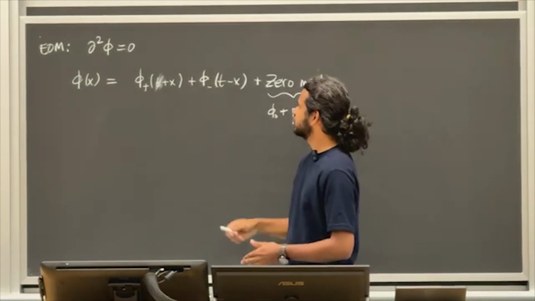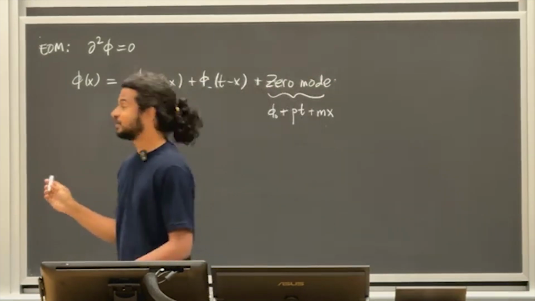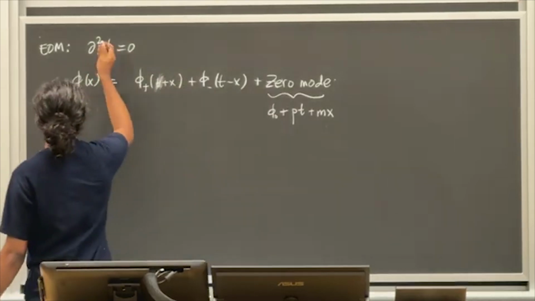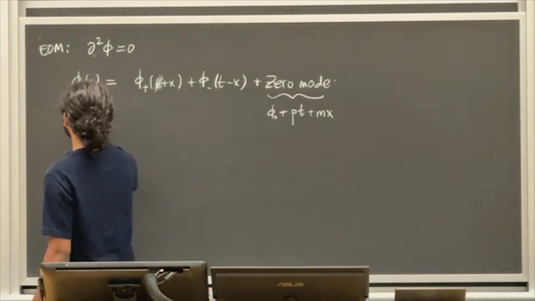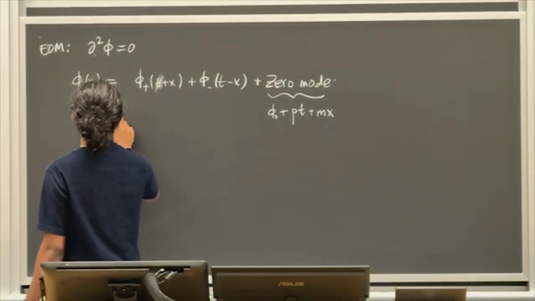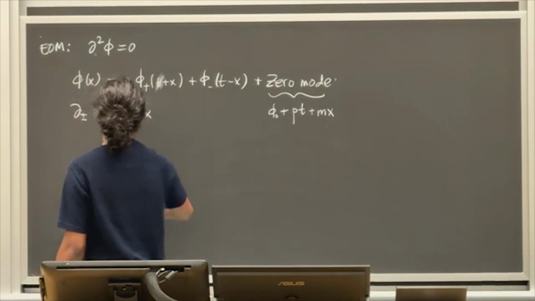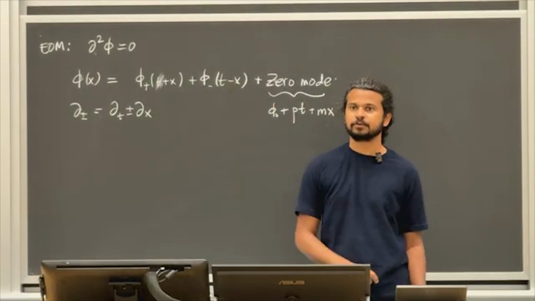It's a standard result. If you remember, all you have to do is to write d square in terms of d plus minus, which is nothing but dt plus minus dx, and then this result immediately follows.